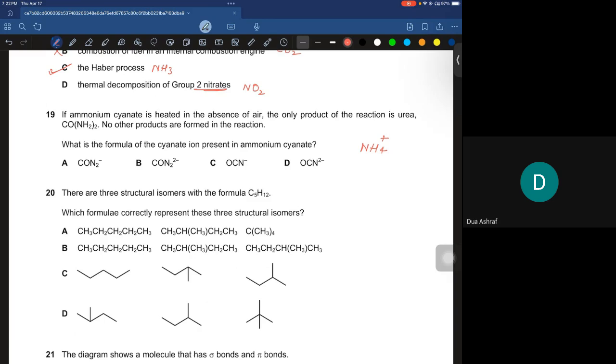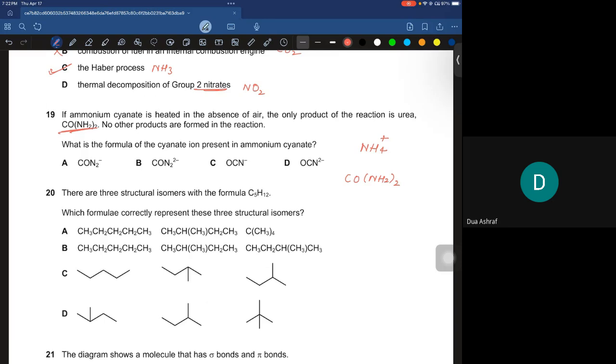So they are saying that urea, that is CONH2, is the only product when ammonium cyanate is heated in the absence of air. No other products are formed in the reaction.